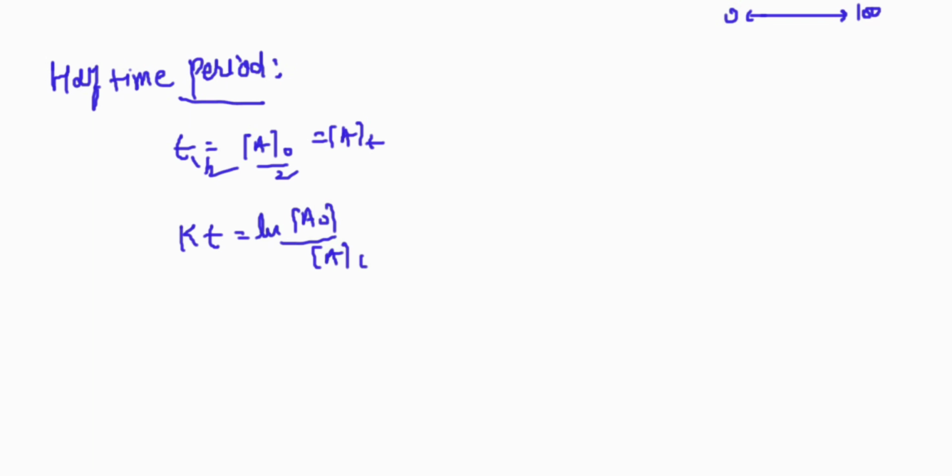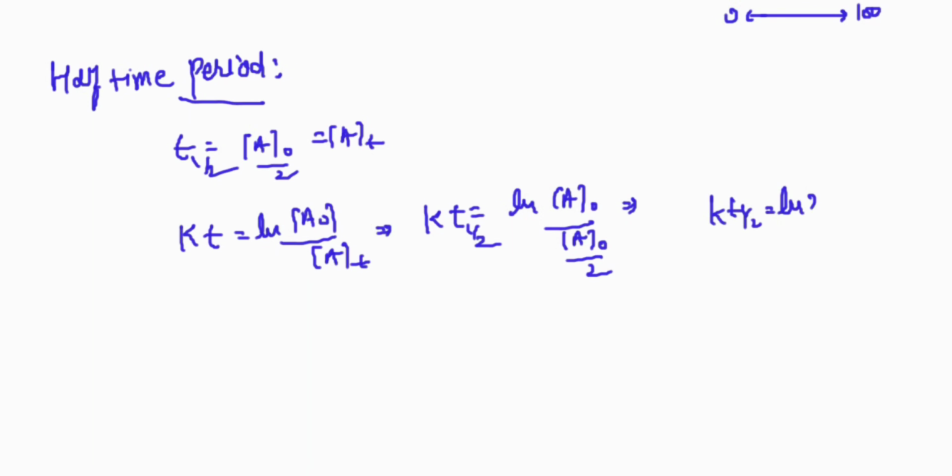Putting the value of a t as a naught by 2, k t half equals ln(a naught divided by a naught by 2). So k t half equals ln 2, and t half comes out to be ln 2 by k.